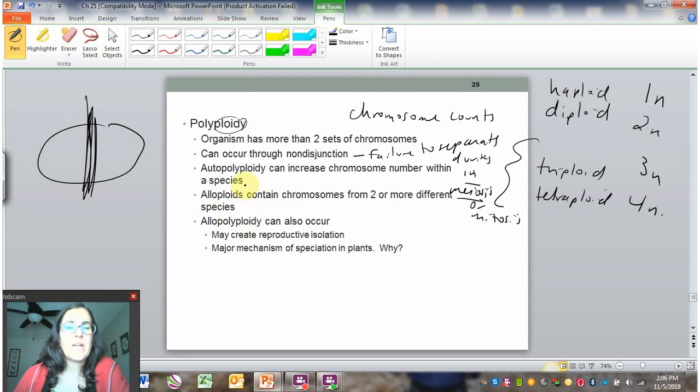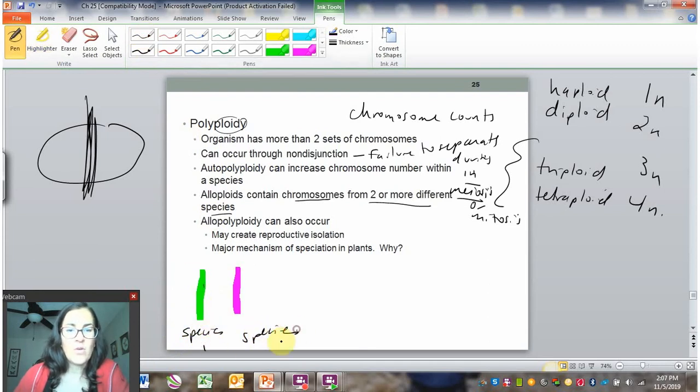So alloploids are caused by interspecies breeding. So this is when you have chromosomes from 2 or more different species, right? So you crossed 2 different species. Now you have a chromosome pair where one comes from one species and the other chromosome comes from the other.